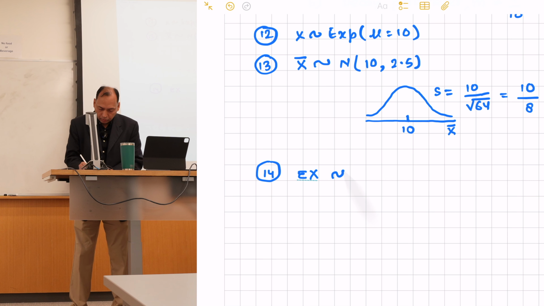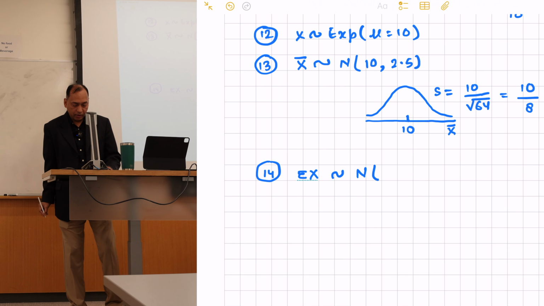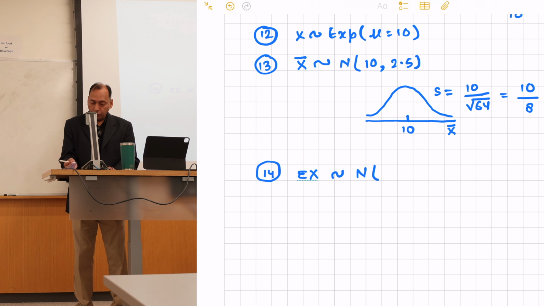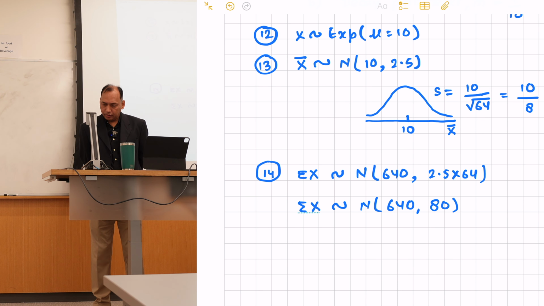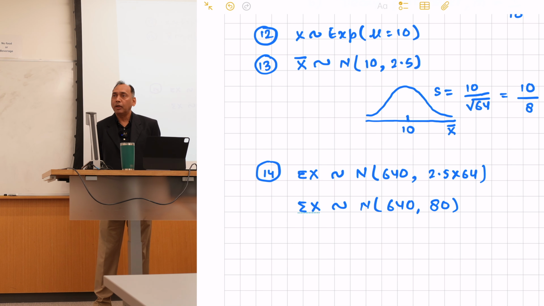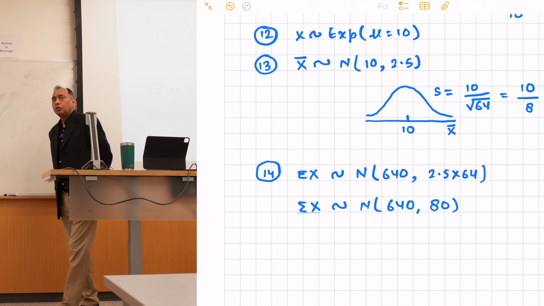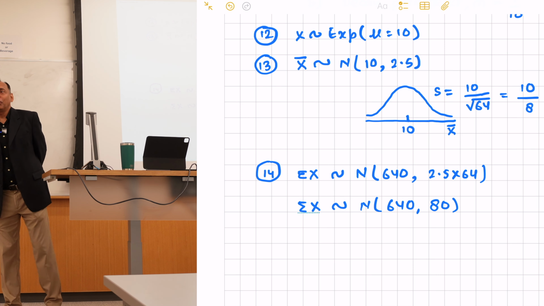So that follows normal distribution also. The only difference is now because you have 64 smartphones, each has average of 10, so 64 times 10. So average will be 640. 10 divided by 8 is 5 by 4, 2.5 by 2, so 1.25.